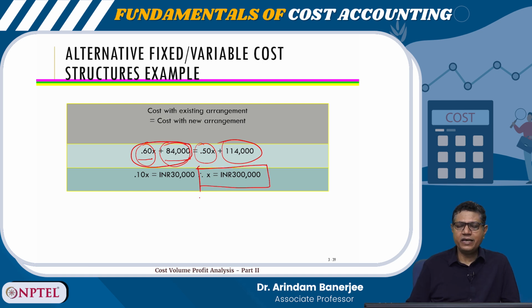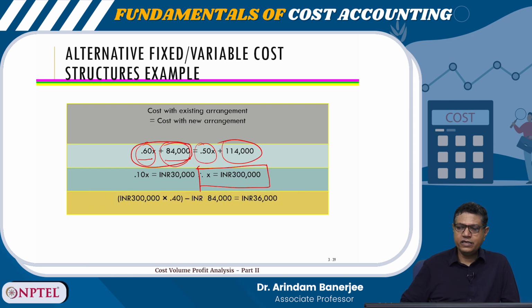Okay. So, if my sales is 3 lakh, then my cost in both the existing arrangement and the new arrangement remains the same, right. And the operating income is how much? 3 lakh into contribution margin, that is 0.4, minus the fixed cost.